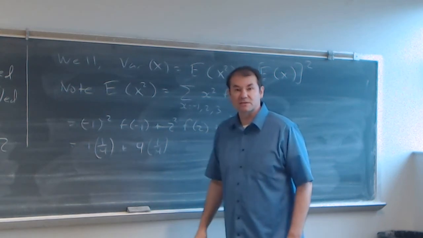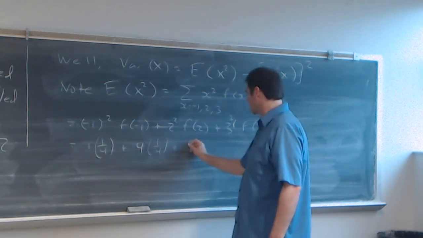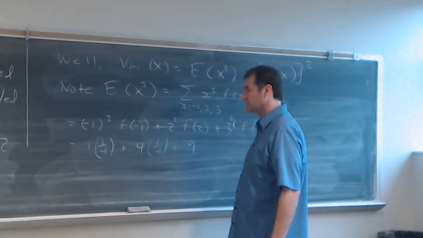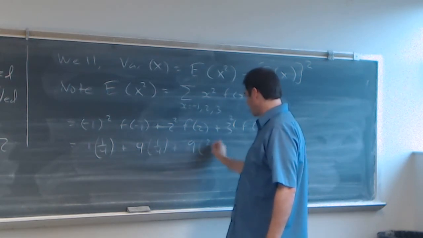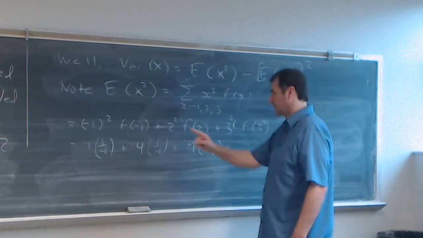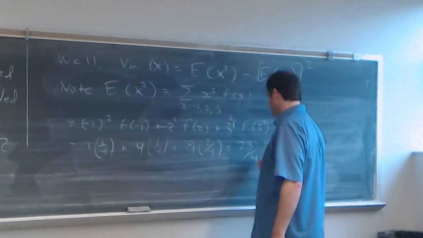And that's one of the places that I messed up last time in video 5. Plus, 3 squared is 9. F of 3 is the chance that x is equal to 3. That's the chance of a black card. That's 1/2. That's 2 out of 4. And that's equal to, let's see, that's 1 4, 5 4s, 18 4s, it's 23 4s.